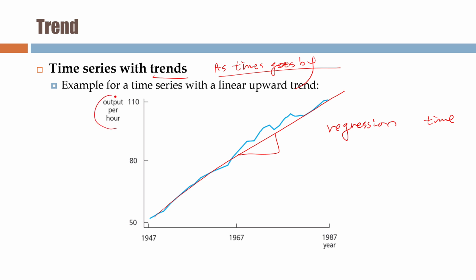So whatever the y value, if you do the regression with the time only, then that result will be the trend line. So with trend, I don't want to see the small fluctuation here.